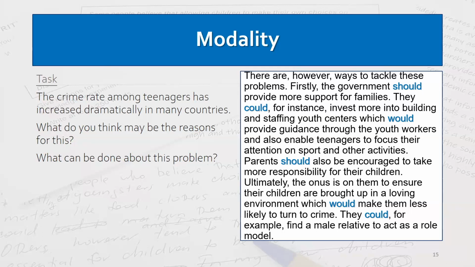And in the relative clause, which would provide guidance through the youth workers, this is actually a possible result that can be foreseeable by the writer. So what the writer means here is if the government can invest more into building and staffing youth centers, then the words appearing after the modal would be the possible result. So here, the use of the modal would is actually making a prediction.